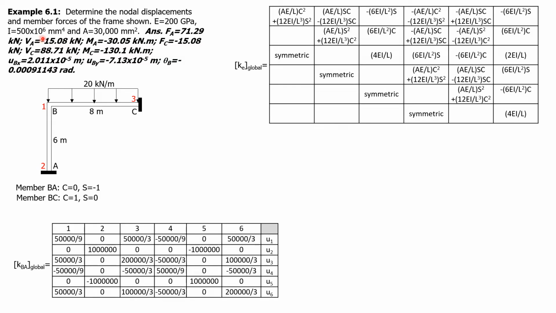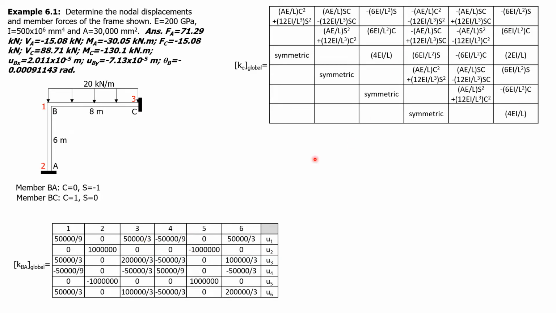So it is 100,000. So 12 times 100,000 divided by 6 cubed. It is 50,000 over 9. Then because cosine is 0, this is SC, so the product would be 0. That's why it's 0 here. So sine is -1, so there is the value -6 times 100,000 divided by 6 square times sine, which is -1. So this value is positive, 50,000 over 3.